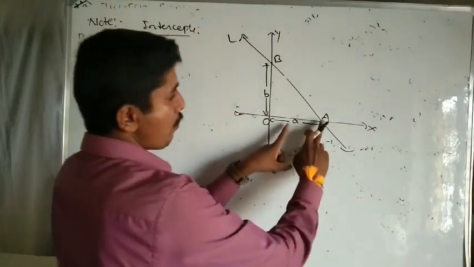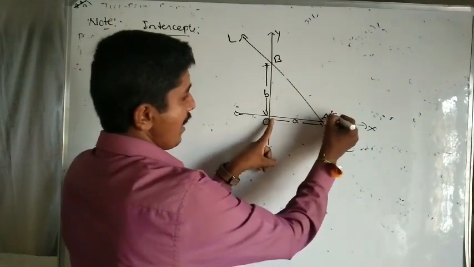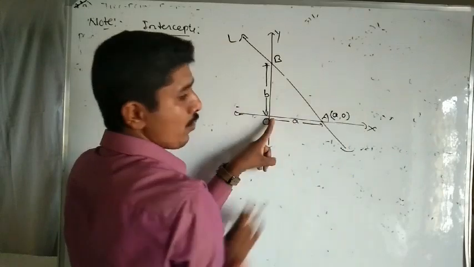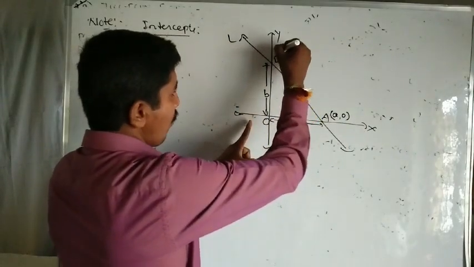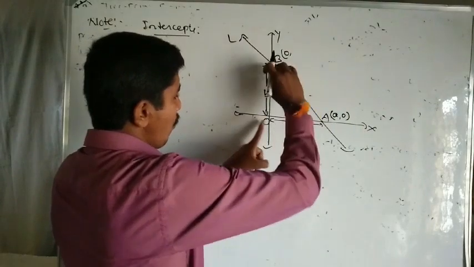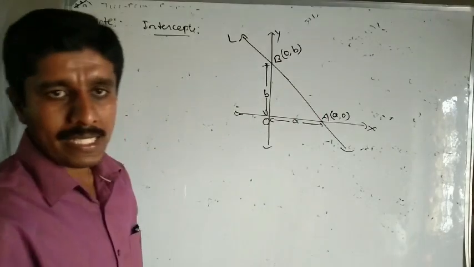What are the coordinates of the point A? Here A point lies on the x-axis, so the x coordinate is the distance a, and the y coordinate value is 0. Here B point lies on the y-axis, so the x coordinate value is 0 and the y coordinate value is OB distance b, 0 comma b. Mind it.